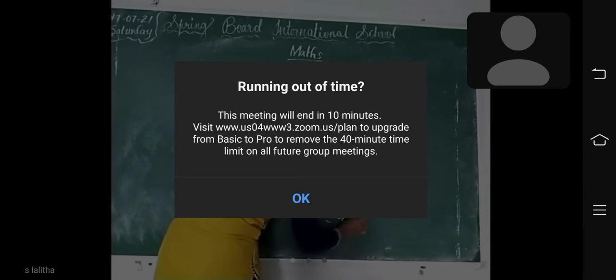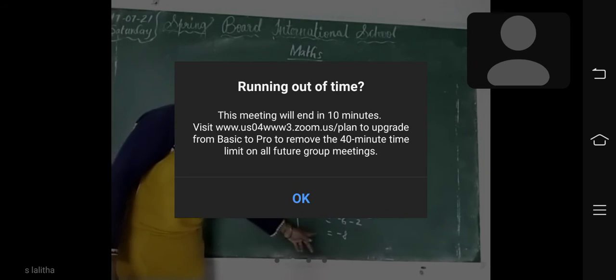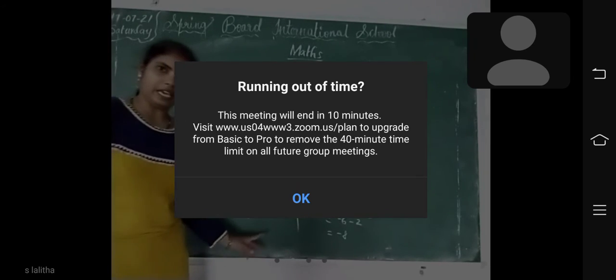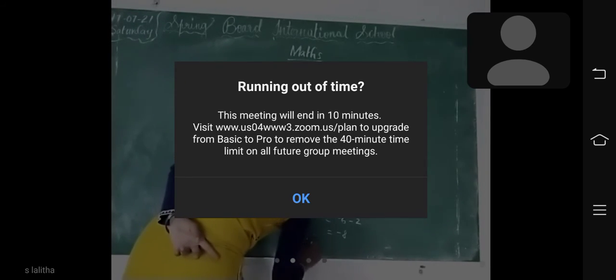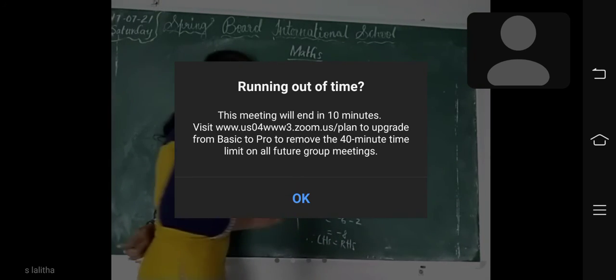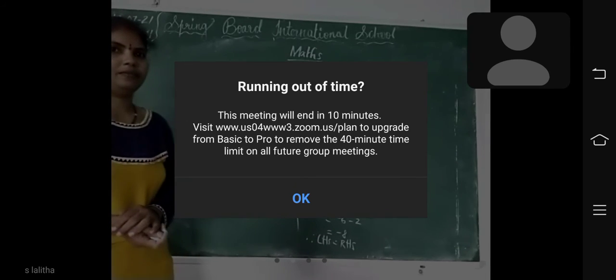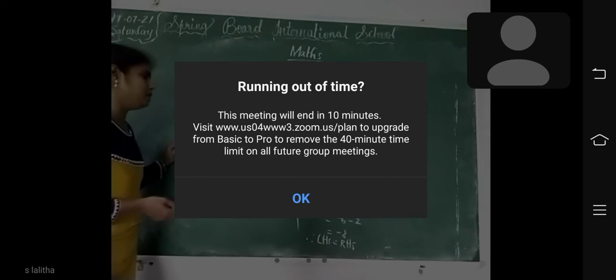So minus 6 plus minus 2 is minus 8. Now look here, are both answers equal or not? Yes, both are equal. Therefore LHS is equal to RHS. So the distributive property is like this.